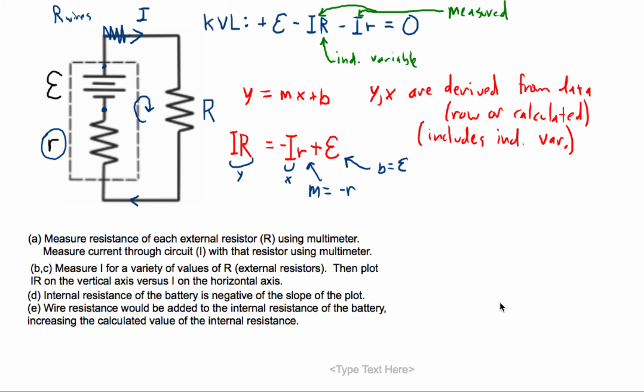So that would be my answer to the question. Sorry about that. And that's about all you can do in 15 minutes.